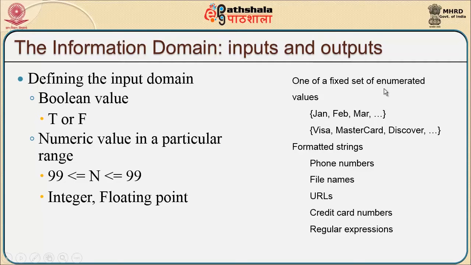Another is one of a fixed set of enumerated values, like the months available in a year and different cards. And we look for formatted strings like phone numbers and file names. These are unique representations where we follow standard templates. Phone numbers, file names, URLs, credit card numbers, and regular expressions are things where the user definitions or design model have been performed, so we maintain a template. According to the template, this has to function.